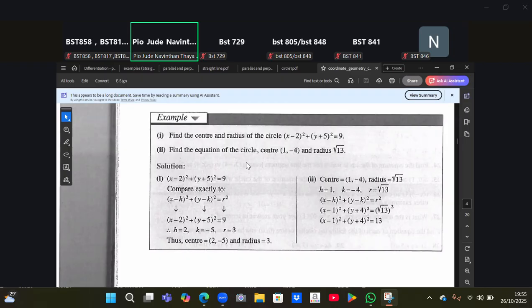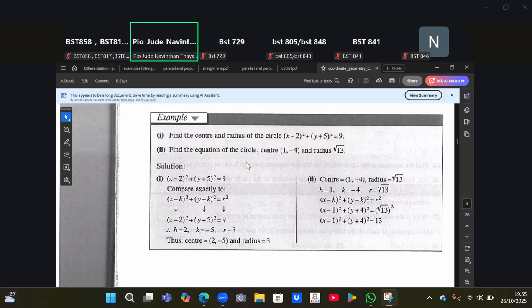If it is minus, then that value of k is minus 5. R square is 9, therefore radius r is 3. Then you can write center is (2, -5) and the radius is 3.